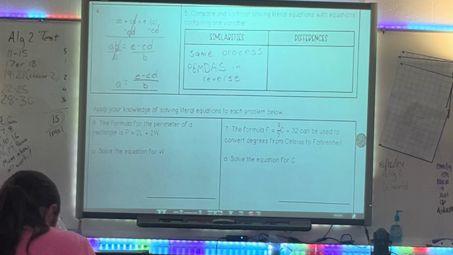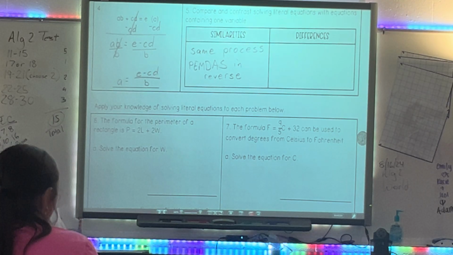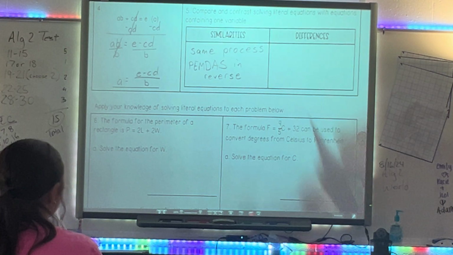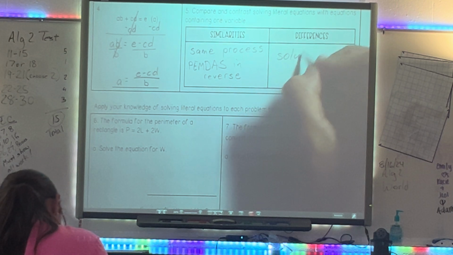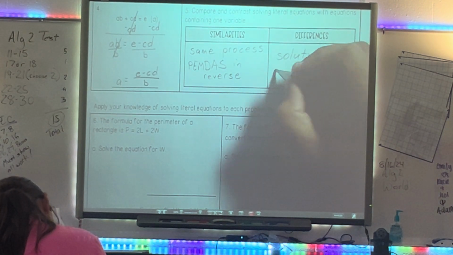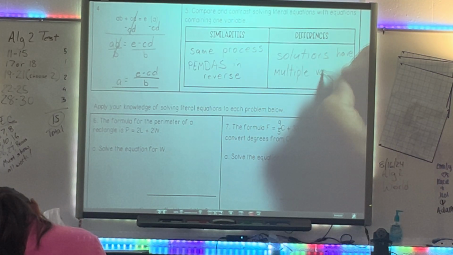We have to remember doing the reverse order when we solve equations. That's true for both. Alright, so how do these answers, what we've been getting, look different than what you're used to? They're not all the way simple. I can't get x equals, right? I just can't do it. So our solutions have multiple variables.